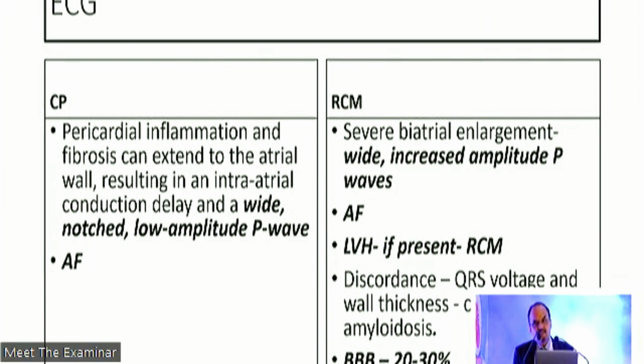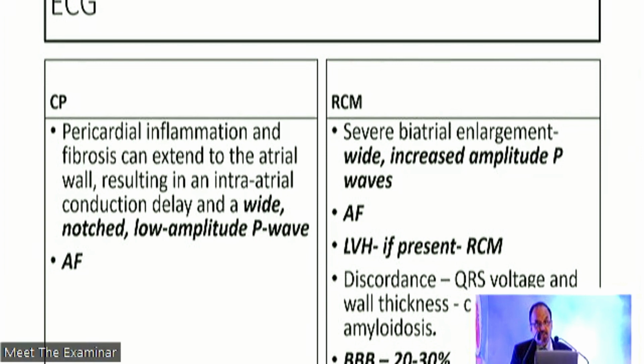Atrial fibrillation can be present in both, but it is more likely to be present in restrictive cardiomyopathy. If the features of left ventricular hypertrophy are present in your ECG, then it is restrictive cardiomyopathy.